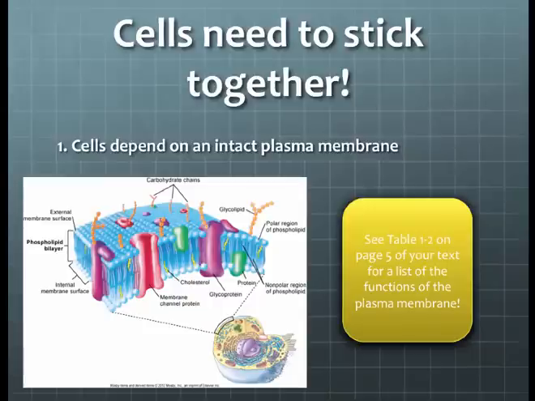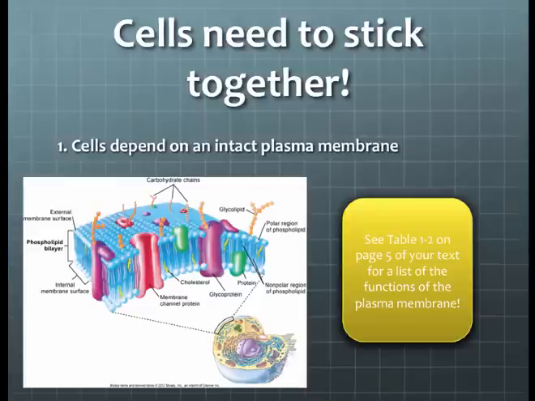So, there are some other things you need to remember about cell basics, because remember, we're just talking about the foundation of cellular function. Cells need to stick together. Cells depend on an intact plasma membrane in order to stay together. This is vitally important, right?